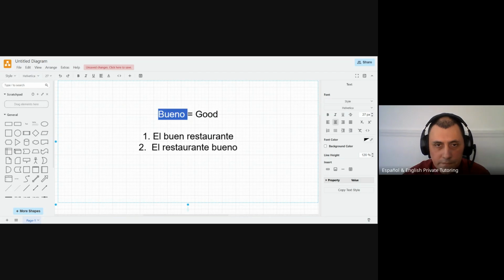So this adjective doesn't always go before the noun it describes. It can also go after. But notice this. If you put it before the noun and the noun is masculine, you drop the O. If it goes after the noun, you don't drop the O. Keep it as it is. With the feminine form, you don't have to worry about it. You just follow the normal rules for the adjectives.